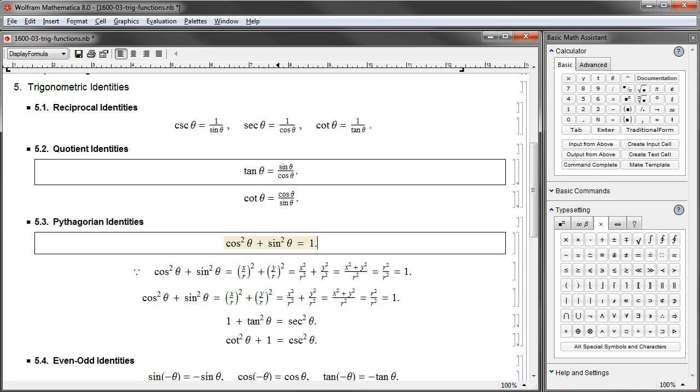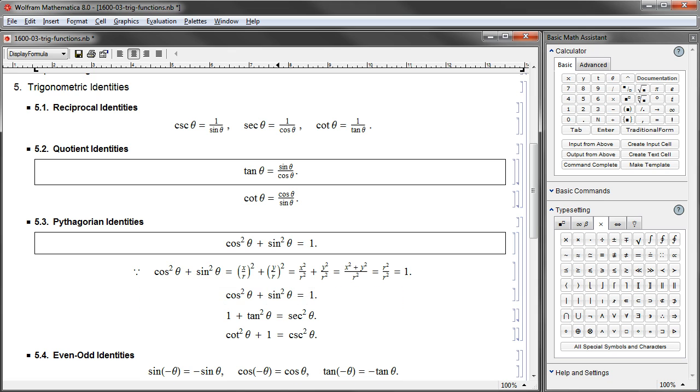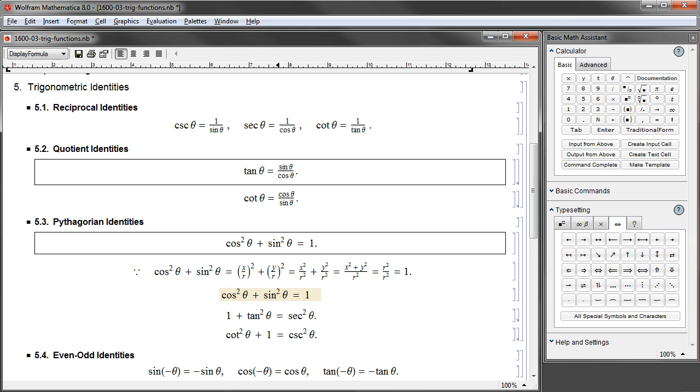And because of that, you can rewrite cosine squared of theta as 1 minus sine squared of theta, of course.